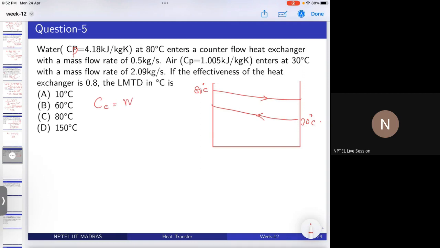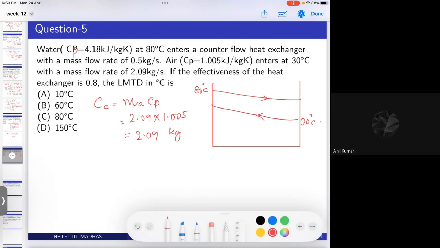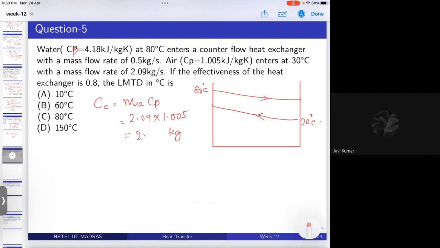That is mass of air times Cp of air. What is the mass of air? 2.09 into 5. I'm approximating it as 2.1 kilogram per second. What is the hot fluid?